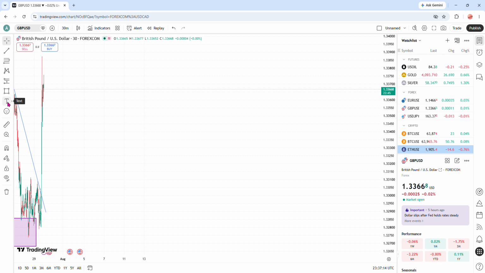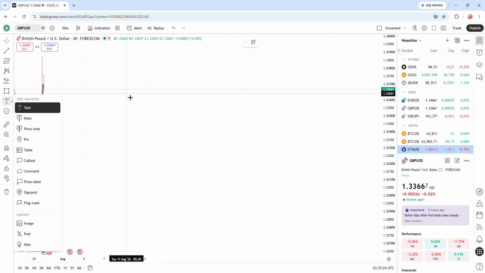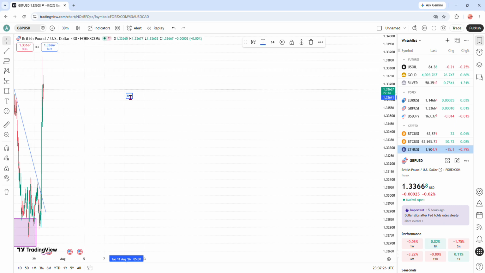So let me dive into it. Like I said, I'm going to talk about three major liquidities in the market. The first one is trendline liquidity. Number two, we have equal highs and equal lows liquidity.